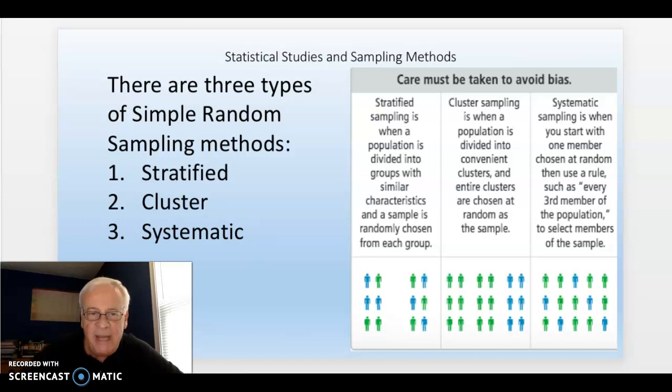Systematic sampling is the third one. It's when you use a rule, like every third person that walks in, or every fourth person on my list, I'm going to call them. Those three help to make it random. You're using randomness to get your sample.